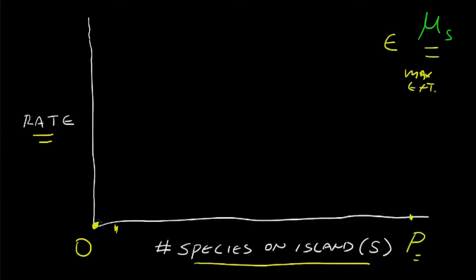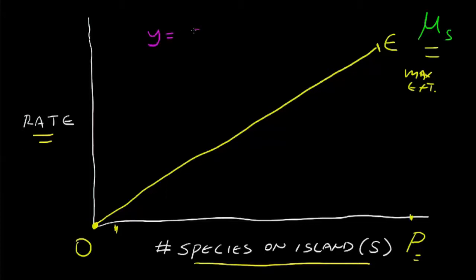So we can depict now that relationship, between extinction and number of species on an island, that would look something like this. And as we've done before, we can describe this line mathematically. So the equation of our line is a plus b times x. So our intercept is what? Our a term happens to be 0.